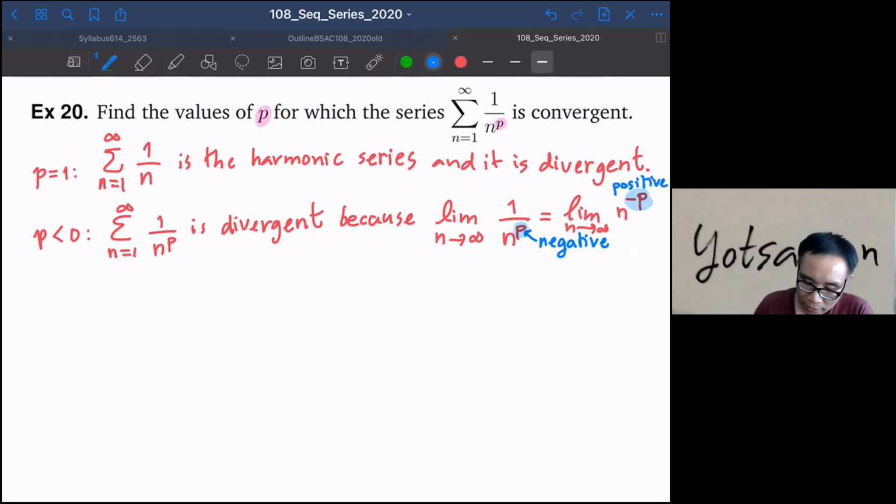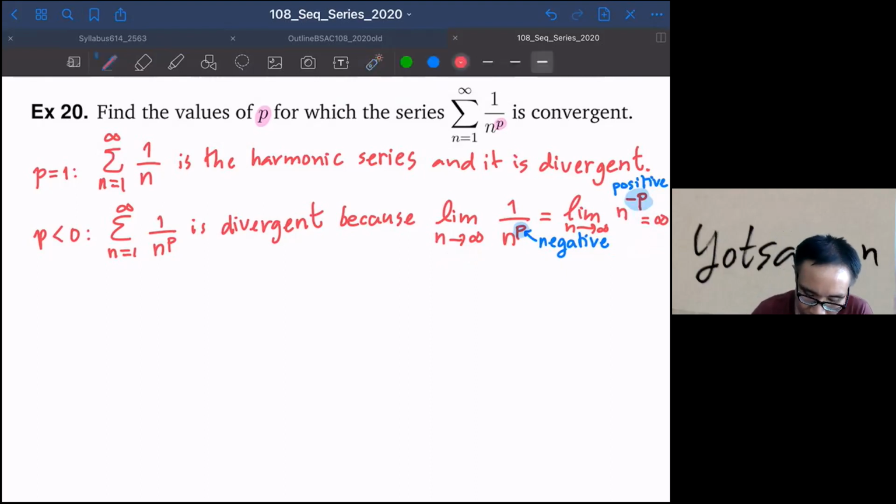And you see that this will become infinity, because infinity to a positive power is infinity. You have the limit equal to infinity, so your series turned out to be divergent.